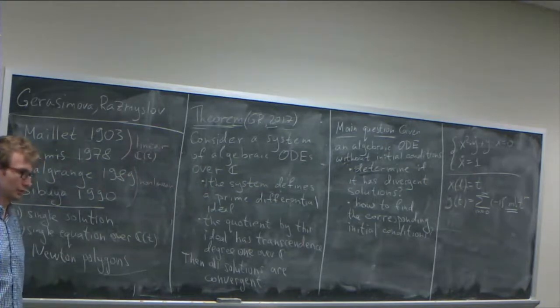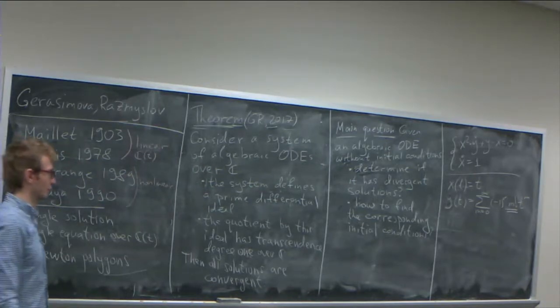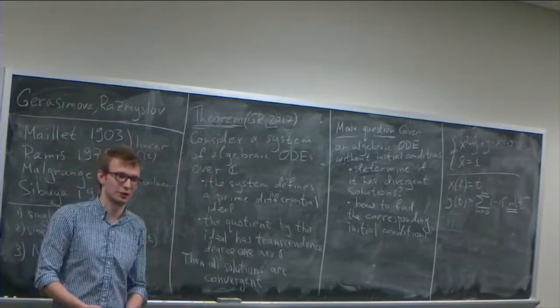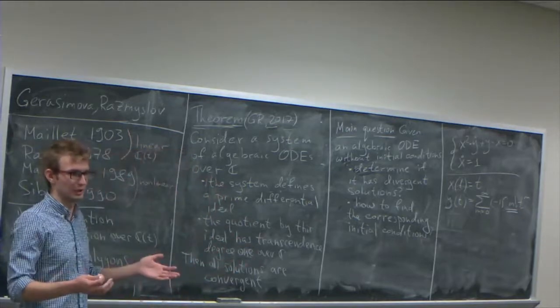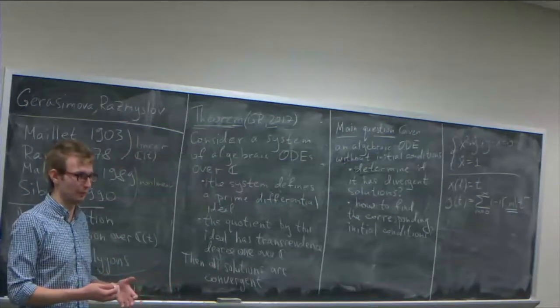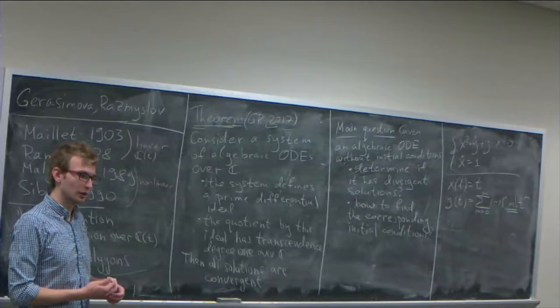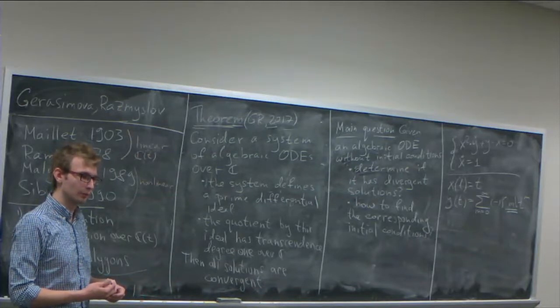So if you have such equations, you don't need to worry about possible divergent solutions, because whatever the initial conditions are, you don't have them. So in terms of the initial domain, it's the whole space.